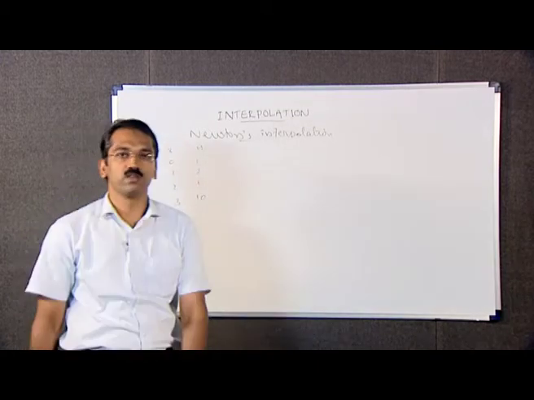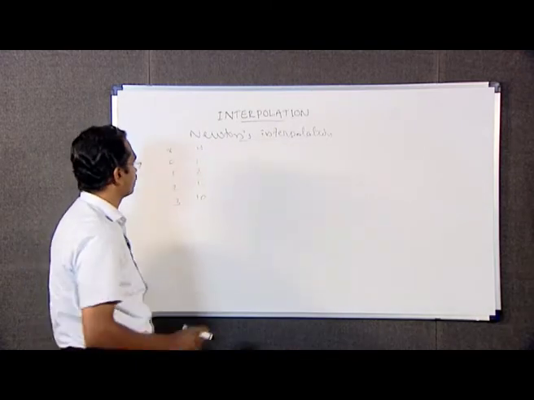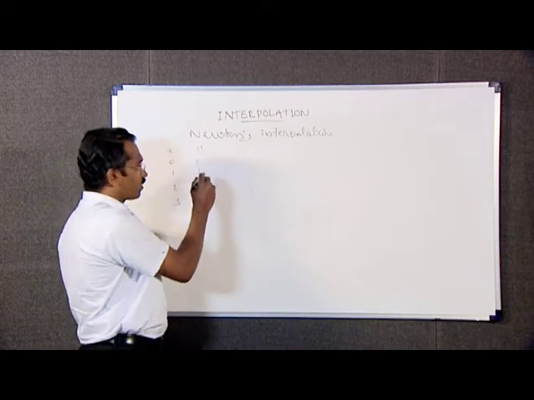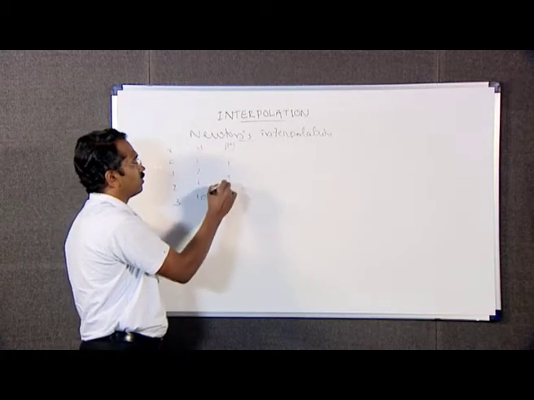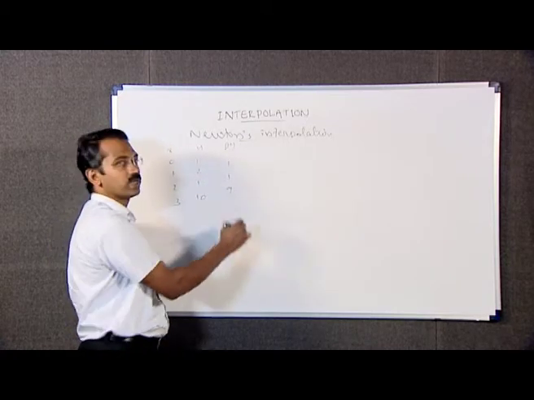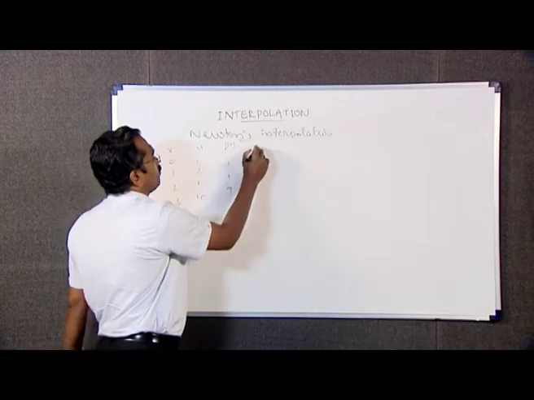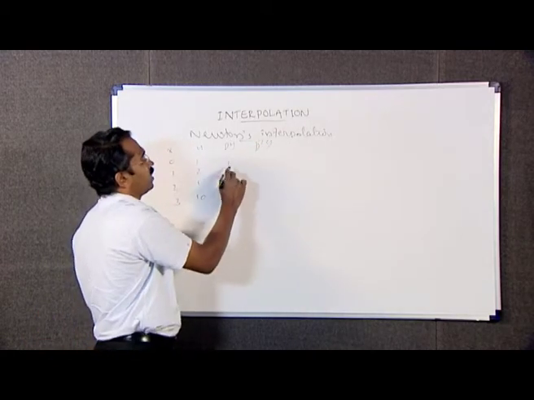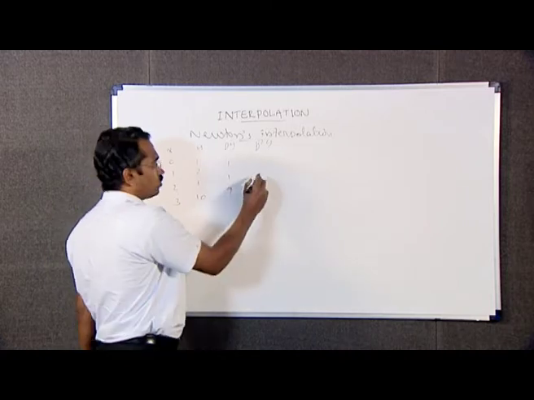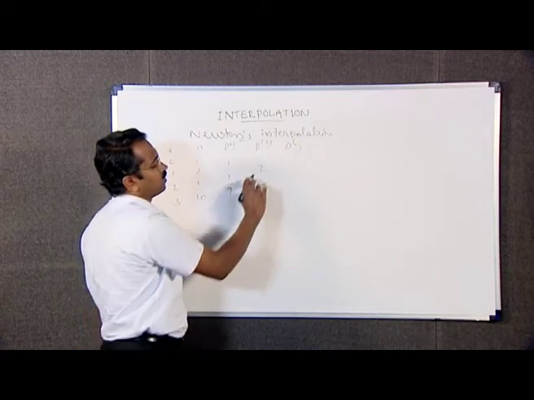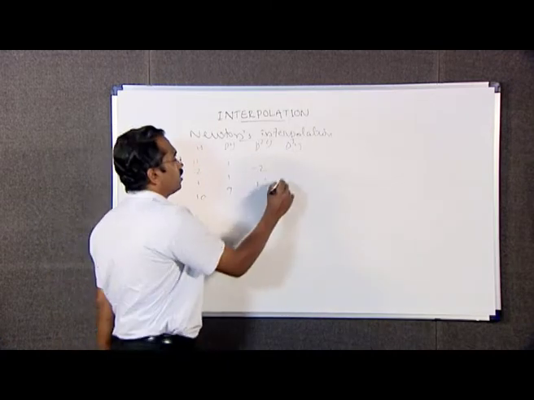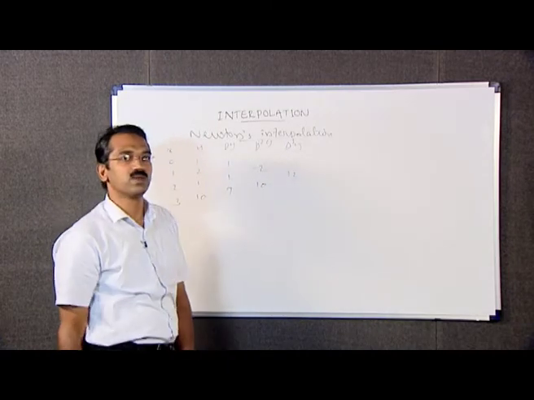The corresponding difference table: first differences are 2 minus 1 is 1, 1 minus 2 is minus 1, 10 minus 1 is 9. The second differences are minus 1 minus 1 is minus 2 and this is 10. The third difference is 10 minus minus 2, which is 12. This is the difference table.